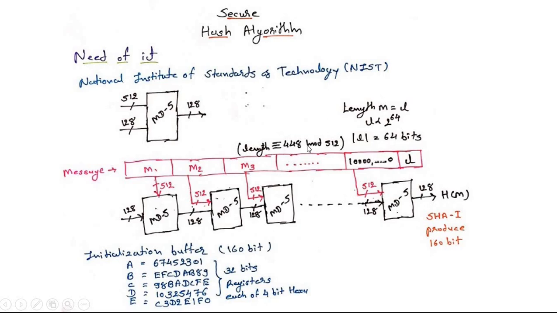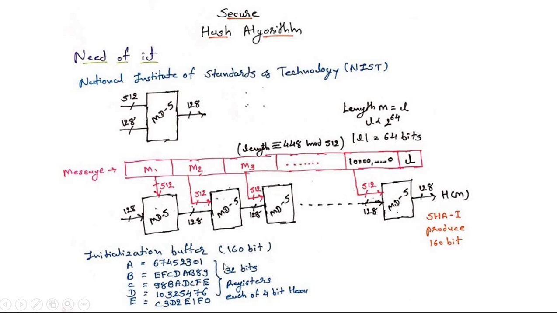So 448-bit data plus the padding, the total is considered a 512-bit block. So the 512-bit message plus the 128-bit fixed input produces the 128-bit output. The same thing is repeated for message 2, message 3, up to message n. And finally MD4 and MD5 produce a 128-bit output.